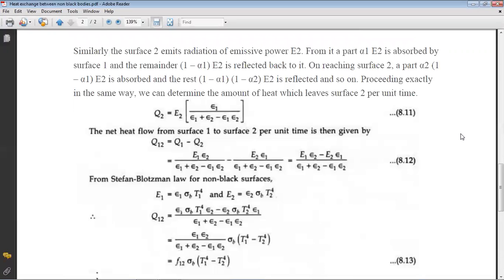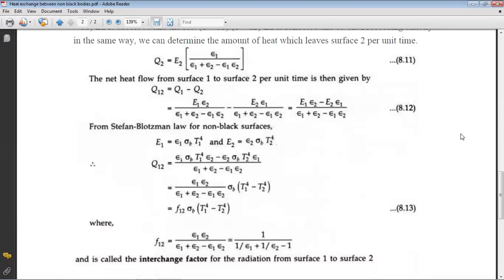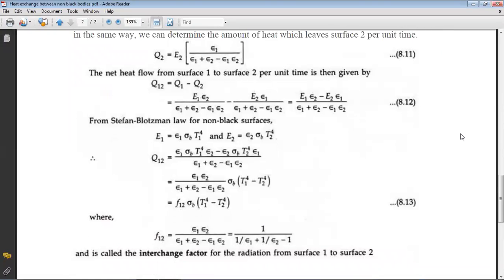So if we replace E1 and E2 as epsilon sigma into T to the power 4, you will have an expression: epsilon 1 into sigma T1 to the power 4 into epsilon 2 minus epsilon 2 sigma T2 to the power 4 into epsilon 1, divided by epsilon 1 plus epsilon 2 minus epsilon 1 into epsilon 2.